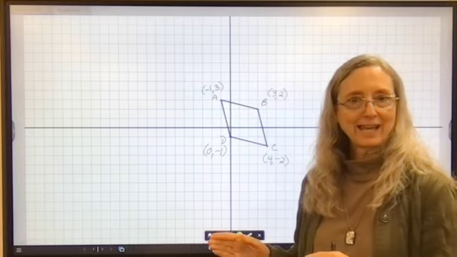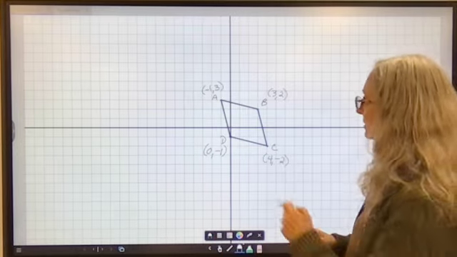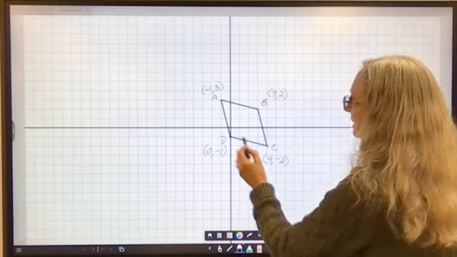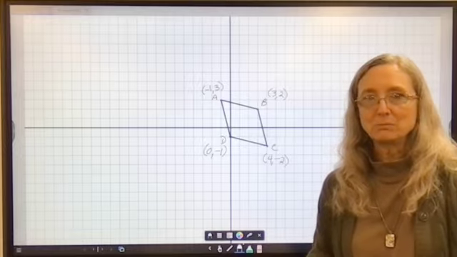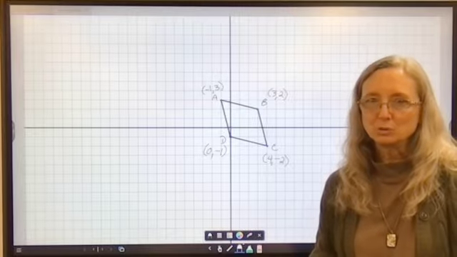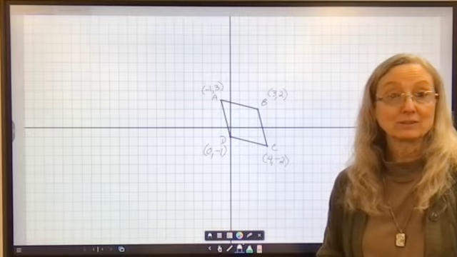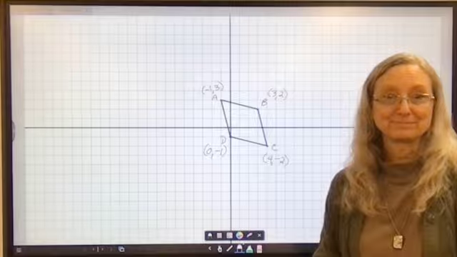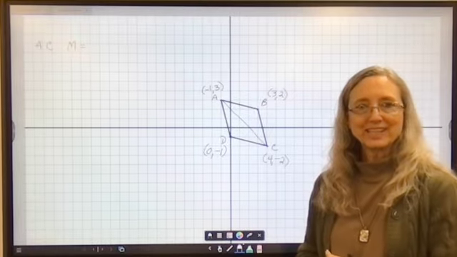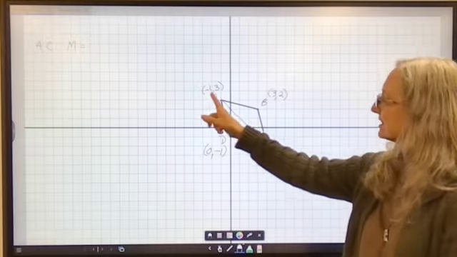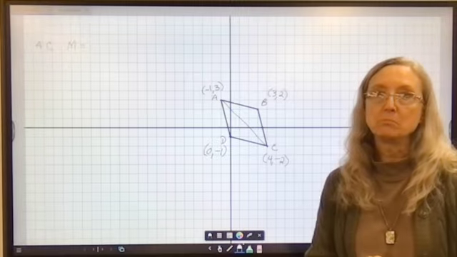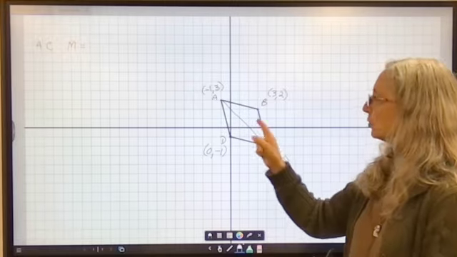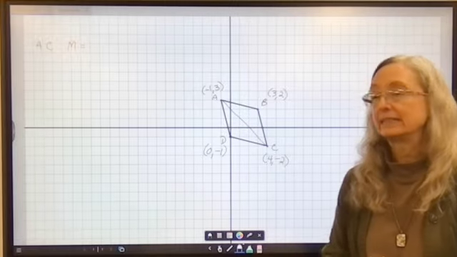So let's look at the diagonals AC and BD, and let's find their midpoints and see if their midpoints match. If they do, then I know the diagonals bisect each other. Okay, let's look at diagonal AC. This is negative 1, 3, and 4, negative 2, and let's use the midpoint formula to find where the middle of this diagonal is.